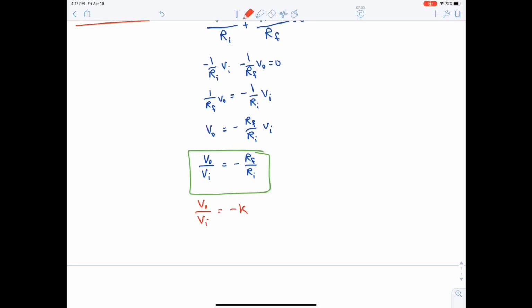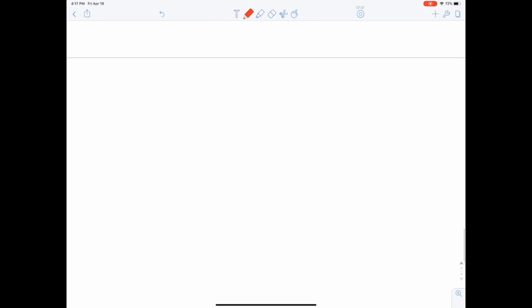Okay, so now we know how to solve an amplifier in general. Let's take an example.